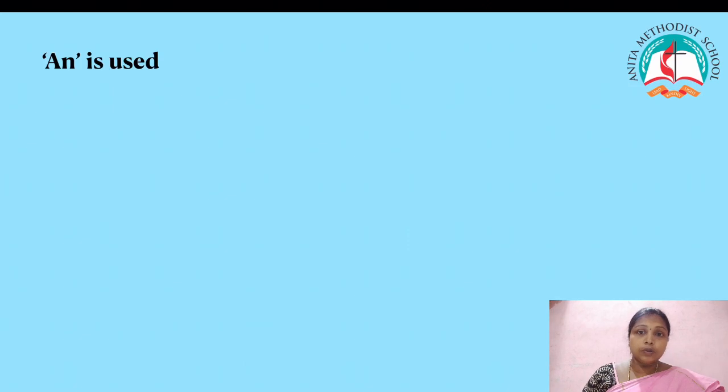Let's move on to the next indefinite article, an. Now we are going to learn where to use an. An is used before a vowel. How many vowels are there? Can someone tell me? Yeah, there are 5 vowels. Can you name them?